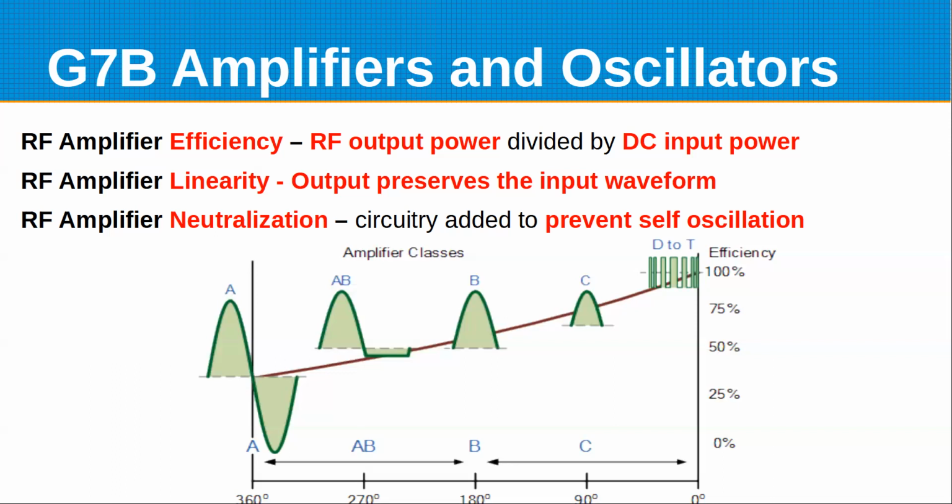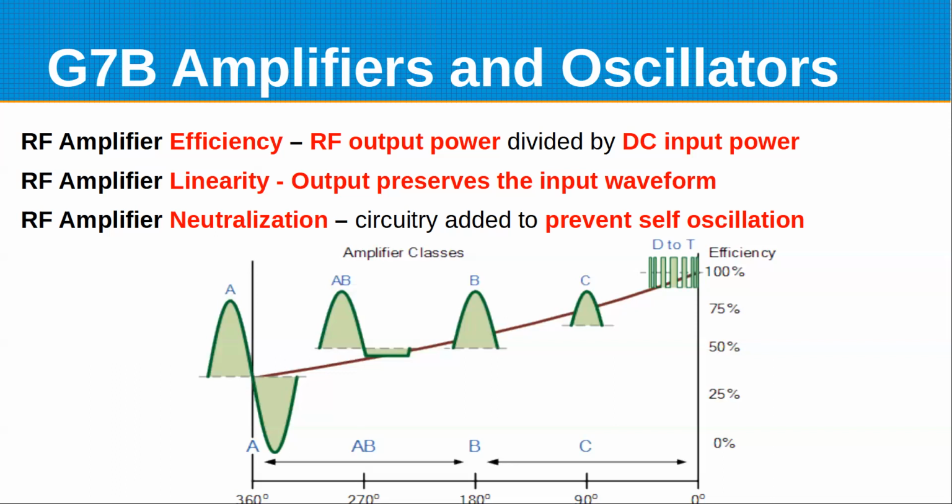The other thing, it's mostly from the tube days, but it's still a possibility with transistor power amplifiers, is neutralization. So remember, for an oscillator, it's an amplifier with feedback.